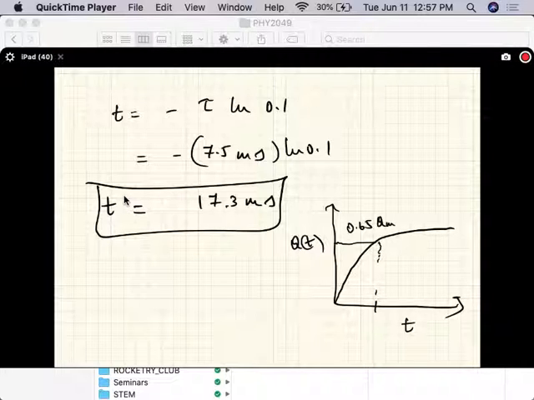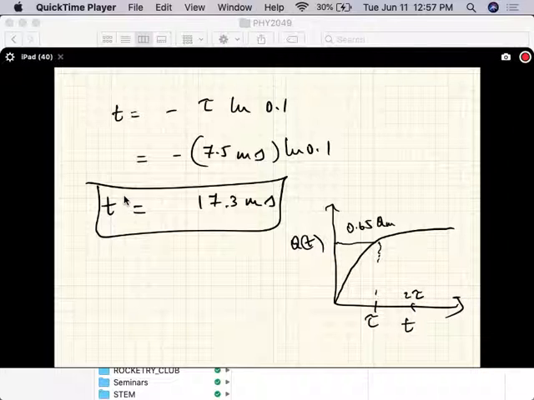After two time constants, let's see. 1 minus e to the power minus 2. Okay, so after two time constants, this is tau.